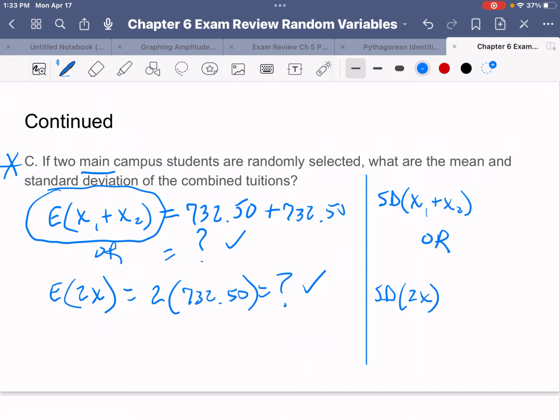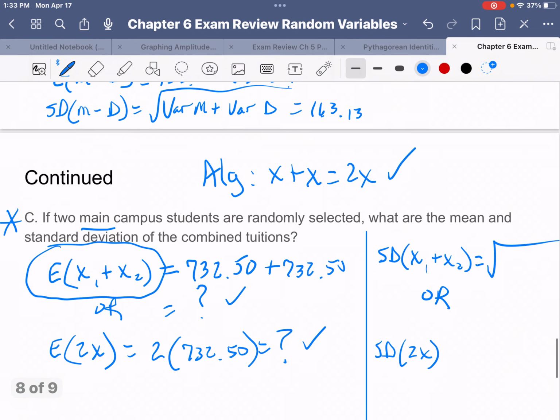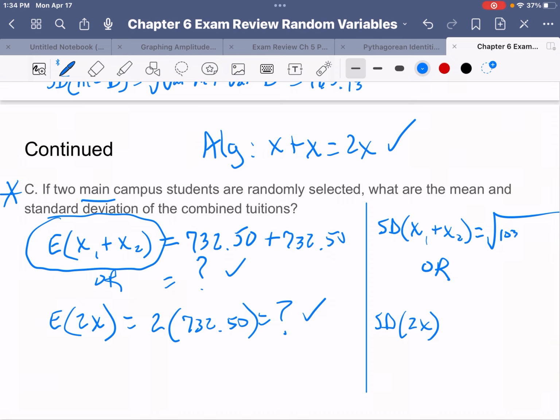Well, you know, in algebra, x plus x is equal to 2x. Yeah, that's true in algebra. But watch what happens in terms of the standard deviation. This is equal to the square root of 103 squared plus 103 squared. This is equal to 2 times 103, which is 206.